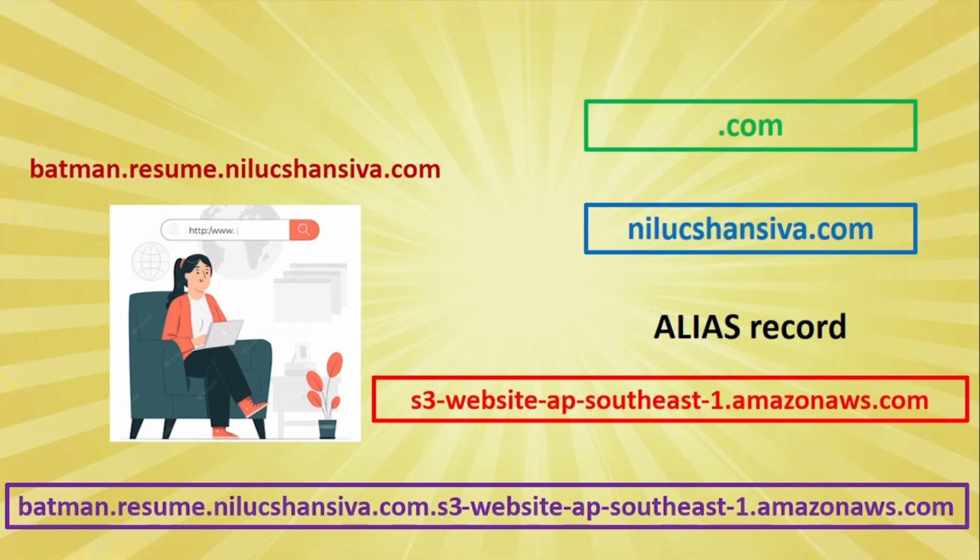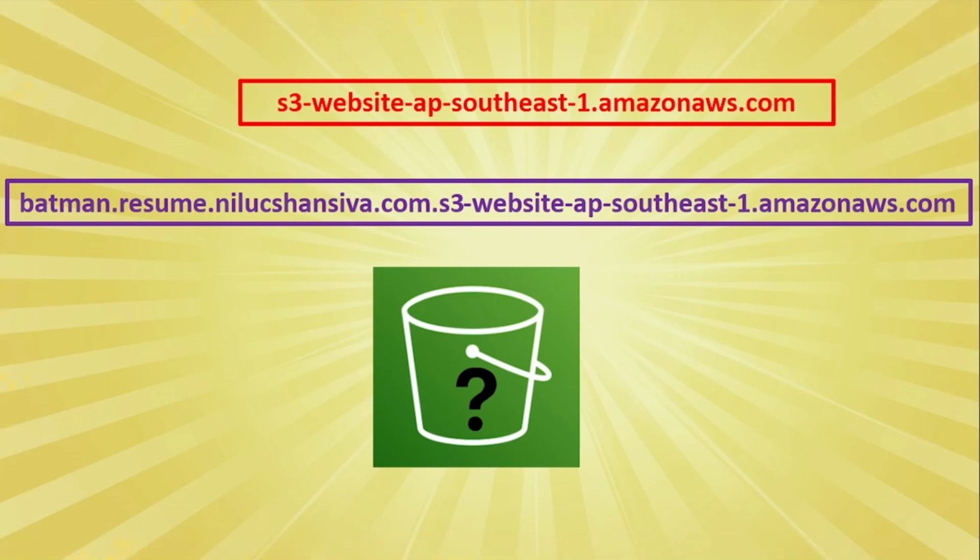Where should I go? Now AWS should know to which bucket it should direct this traffic. That is why AWS designed a solution in a way that our bucket name should be the same as our domain name. I know this is a little bit hard to understand, but if you really think about it, you will get the idea.